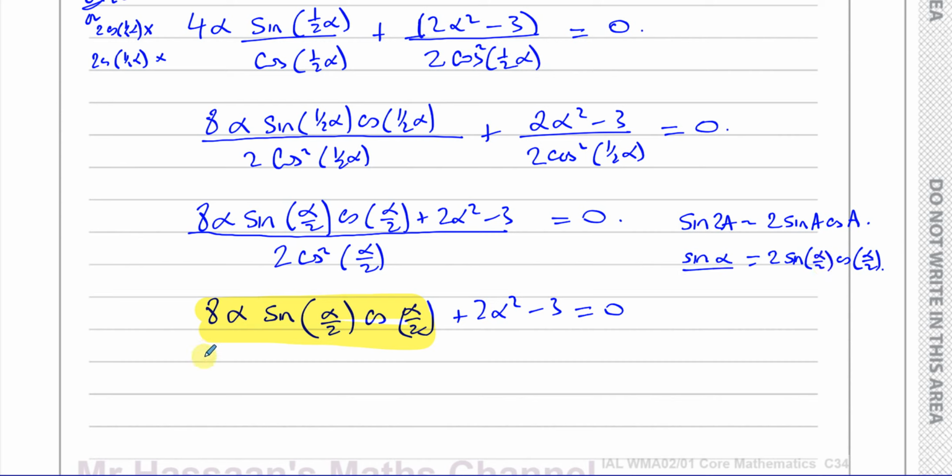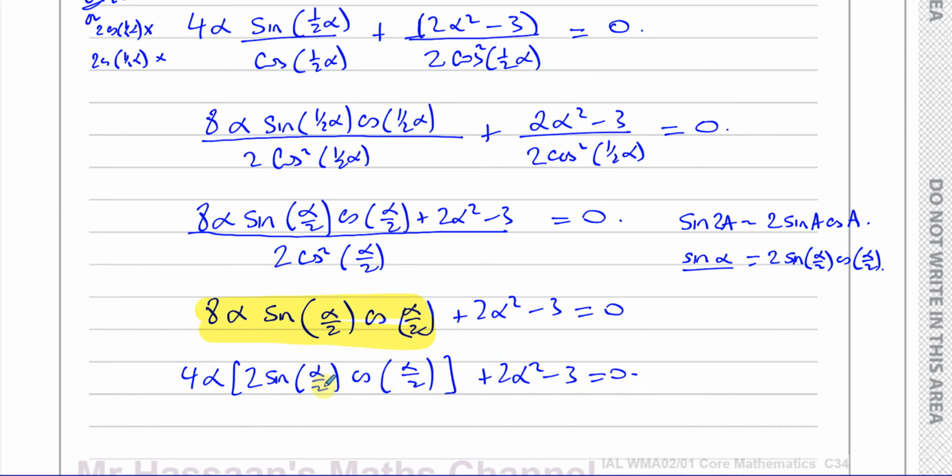Okay, so if I take out 4 alpha, just so I can leave 2 in here. So 4 alpha, and then here I'll have 2 sine alpha over 2 cosine alpha over 2 plus 2 alpha squared minus 3 equals 0.